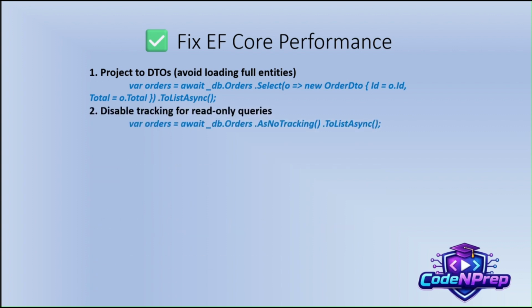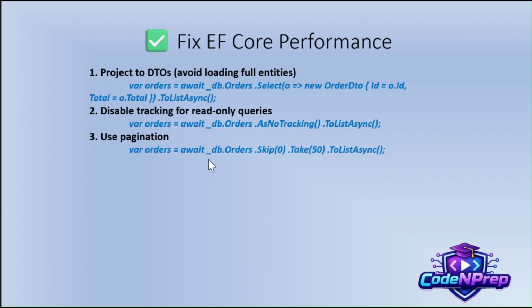Now next is disable tracking for read-only queries. We need to use the AsNoTracking function for read-only queries. If you are not updating data, then tell Entity Framework Core not to track this. This alone can give huge performance gains. Now, whenever it's possible, use pagination.